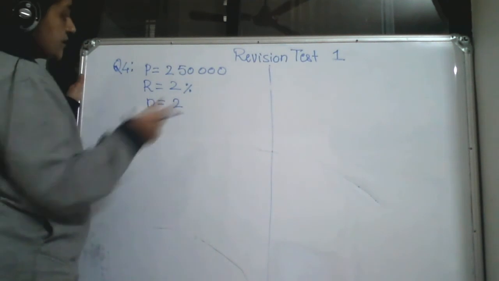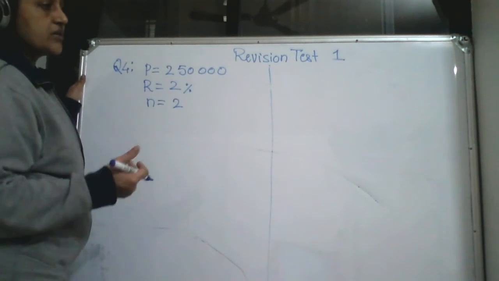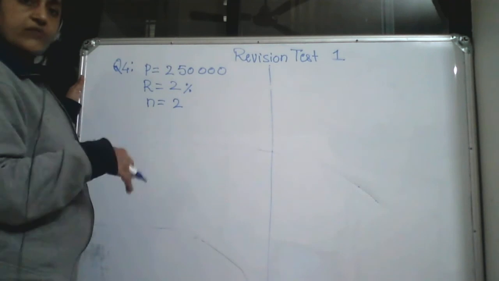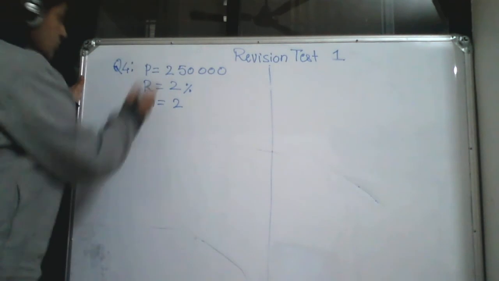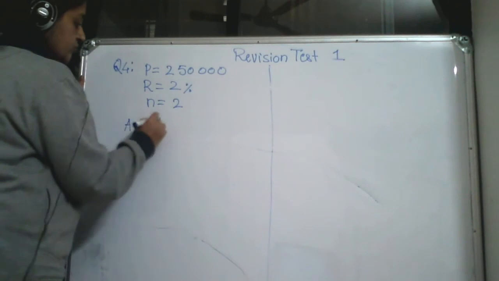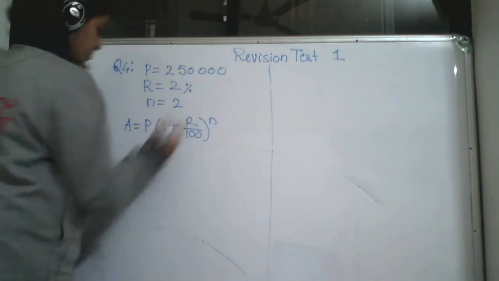Now here don't get confused, with ma'am, n is always in the form of years, why are you taking hours? Because the rate is given for hours, we can take it. So what is asked is the amount. Amount is equal to p into bracket 1 plus r upon 100, which you have to write to the power n.